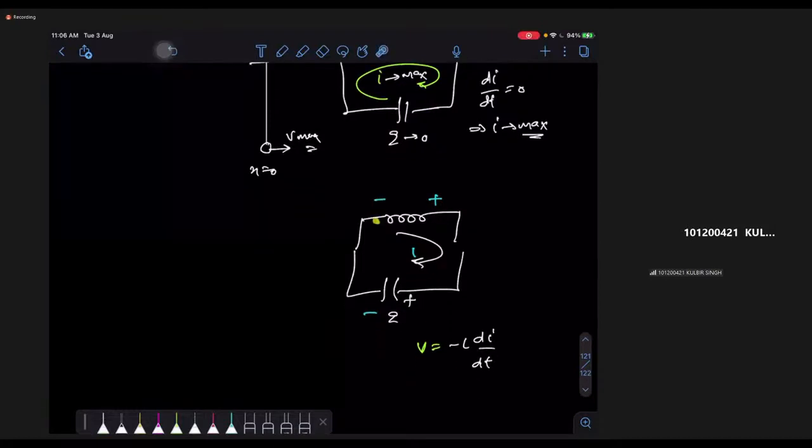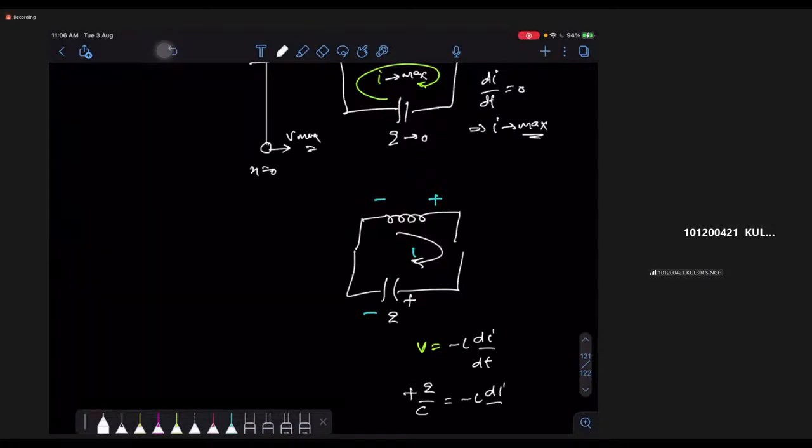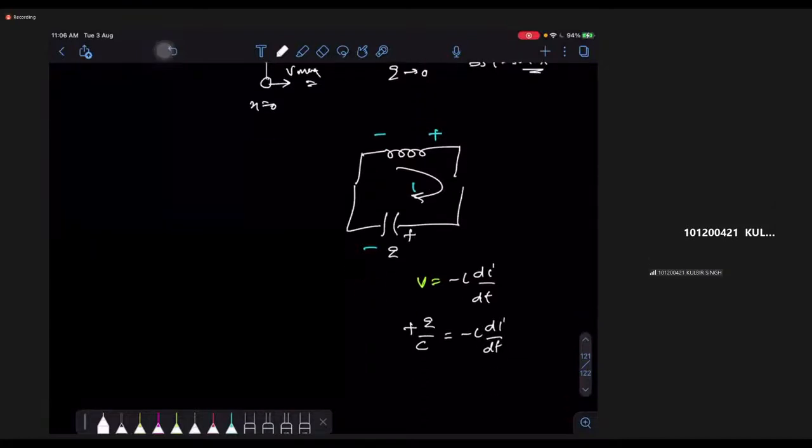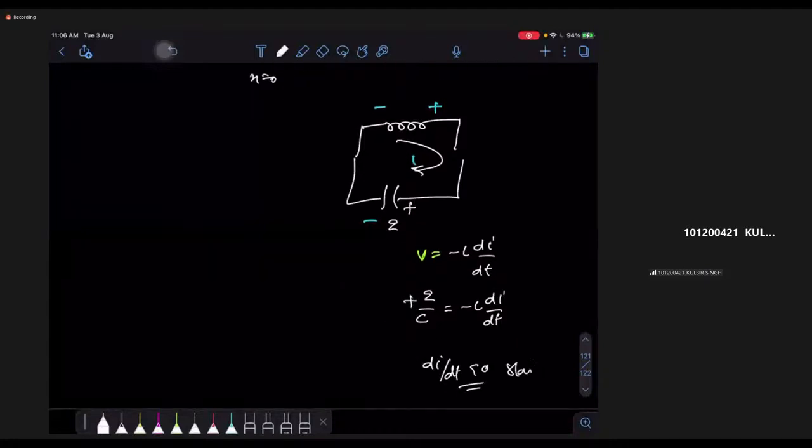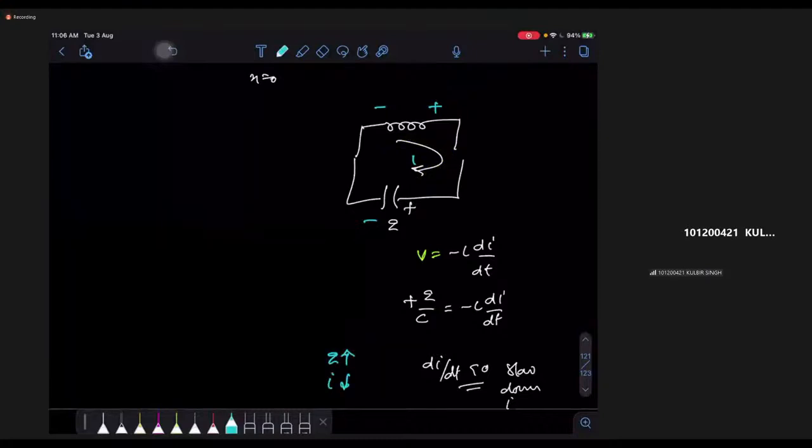Now the potential across the inductor is going to be positive Q by C. That means the current derivative is negative. Di by dt becomes negative. So it is going to slow down the current. So current has begun to slow down. Charge is accumulating, but current is going to slow down. So charge is increasing, but current is now slowing down.